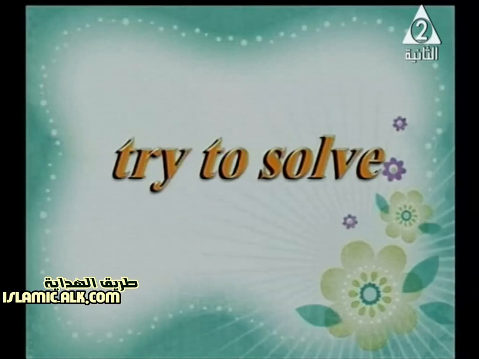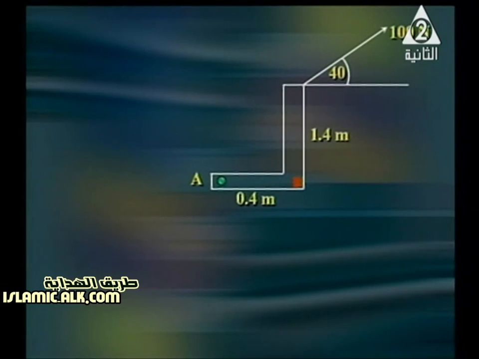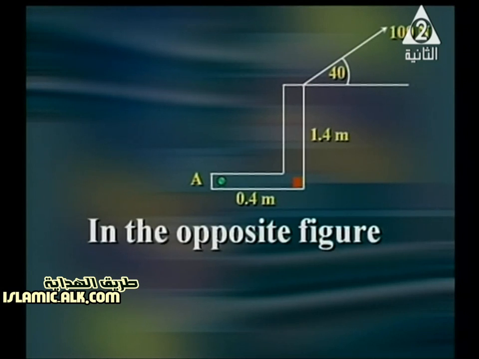Now we move to another example. We have a force 100 Newton inclined to the horizontal at 40 degrees, with the length of y 1.4 and the length of x 0.4 meter.